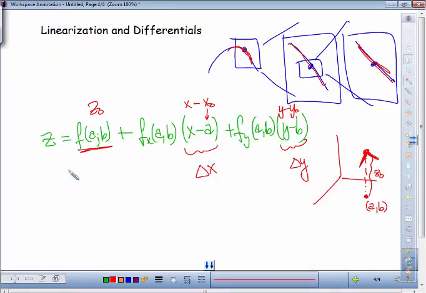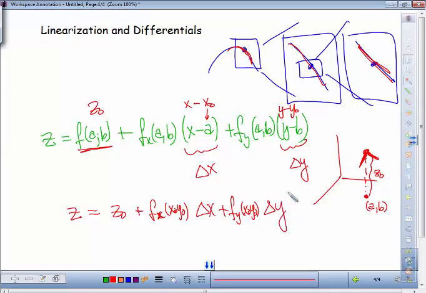So then the linearization becomes z is equal to z naught plus f sub x of x naught y naught. Sorry, I'm changing from AB to x naught y naught. Delta x plus fy of x naught y naught delta y.